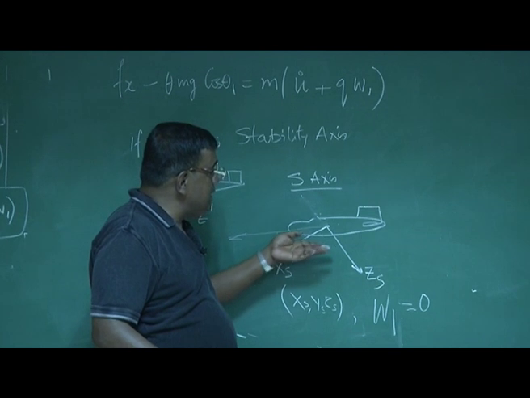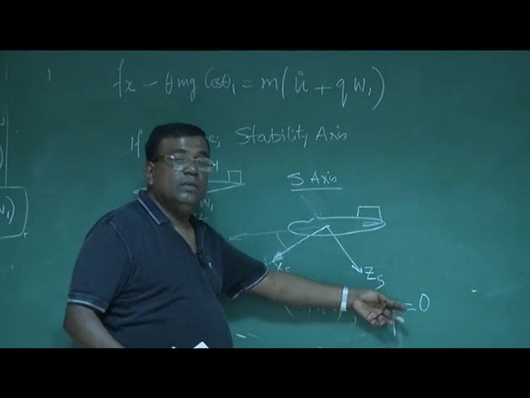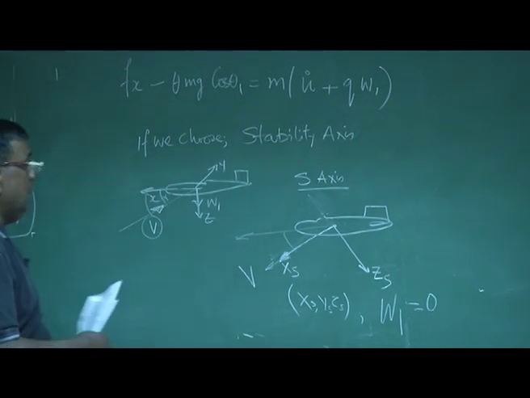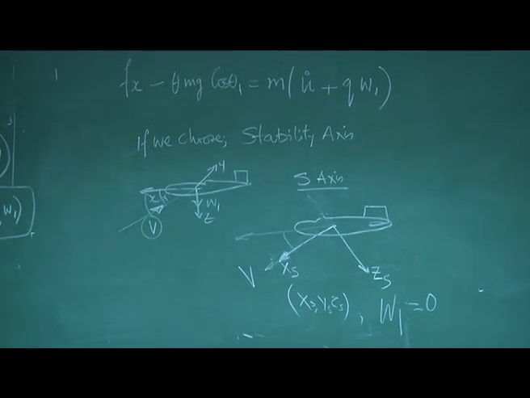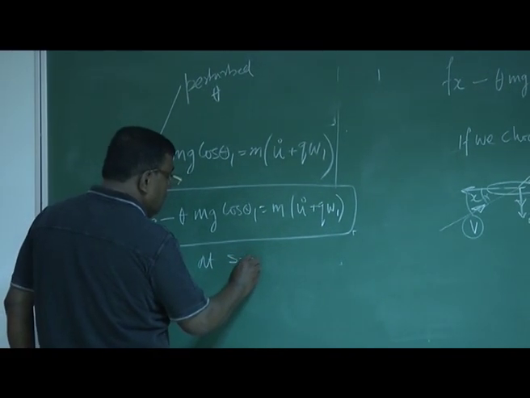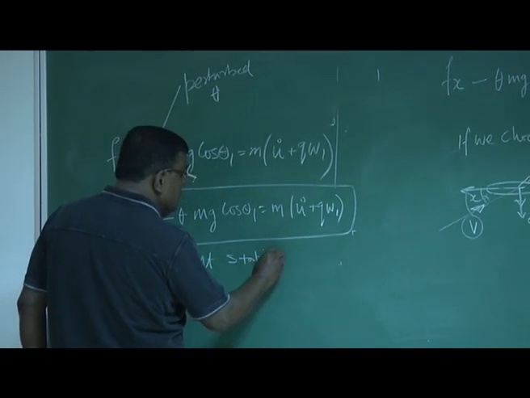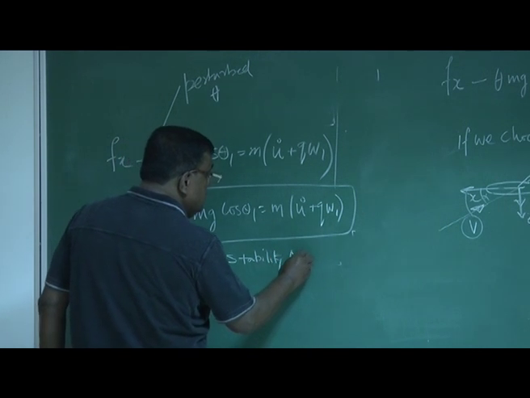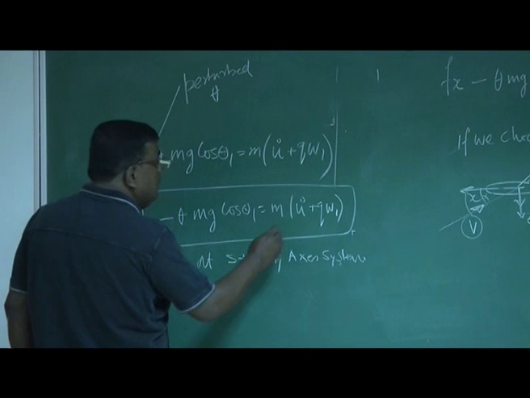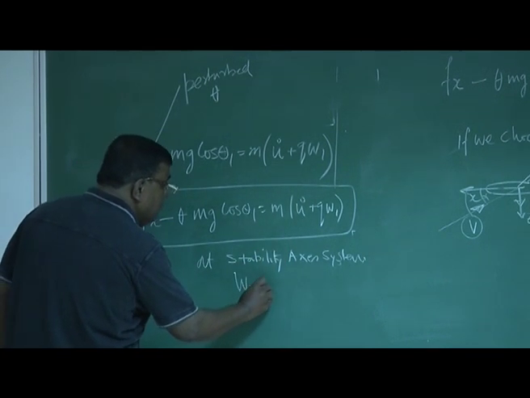So automatically at a steady state, W1 will be 0. That is, W at steady state will be 0. That also simplified the equations. And if we are operating in the stability axis system, then you know W1 will become 0.